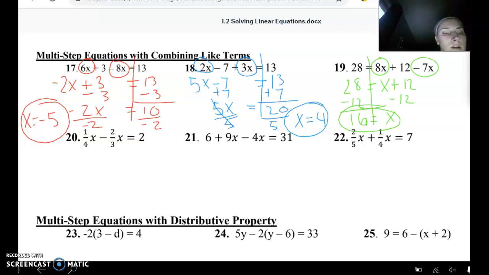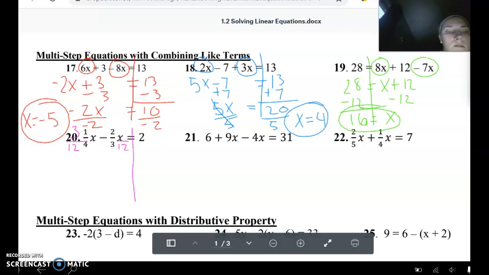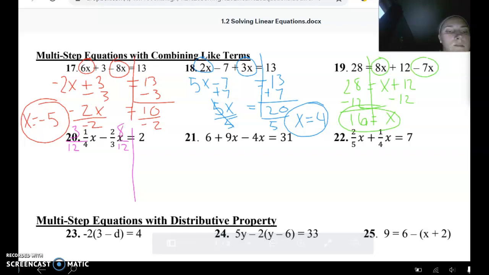So I'm going to start out by finding that common denominator of 12. 4 times 3 gives us 12, so we're going to multiply the top by 3. 3 times 4 gives us 12, so we're going to multiply the 2 by 4 to get 8. 3 minus 8 is negative 5/12 x. It's equal to 2.